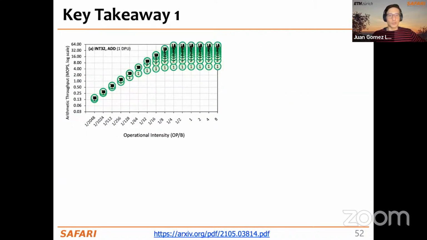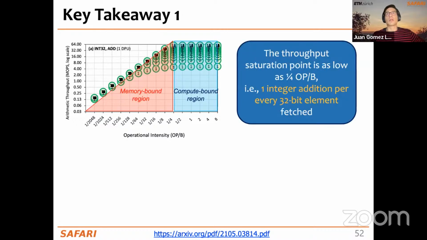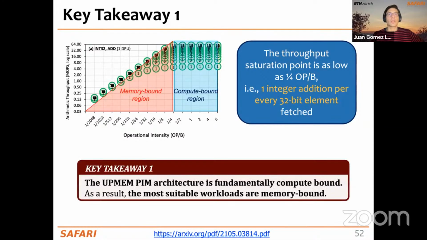So in order to summarize, I would say that one key takeaway of this lecture is this differentiation between the memory bound region and compute bound region, depending on the operational intensity of our workload. We have observed this by using a very simple but very powerful micro benchmark. We notice that the throughput saturation point is very low in all cases, even for integer additions, where it is as low as 1/4.